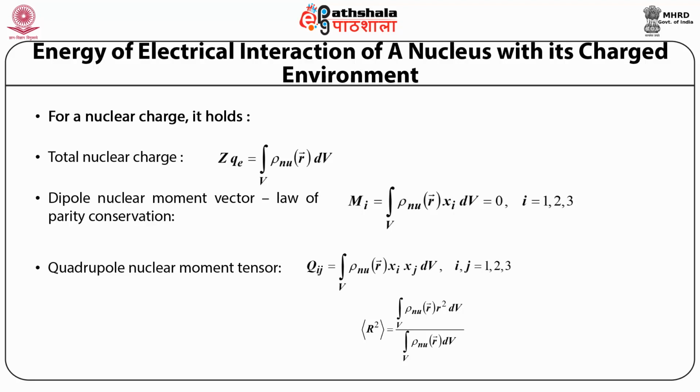It is Q_ij, which is the integration of rho x_i x_j dV. The effective nuclear charge radius expectation value is given by the ratio of the integration of rho r square dV over the integration of rho dV. The three interactions, whether monopole, dipole or quadrupole, are expressed in these equations.